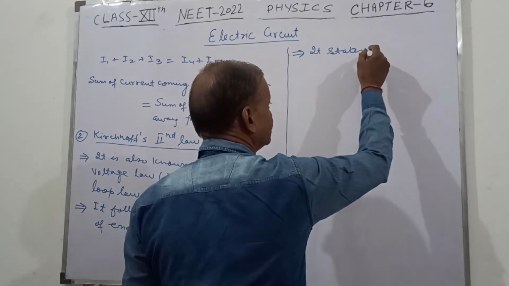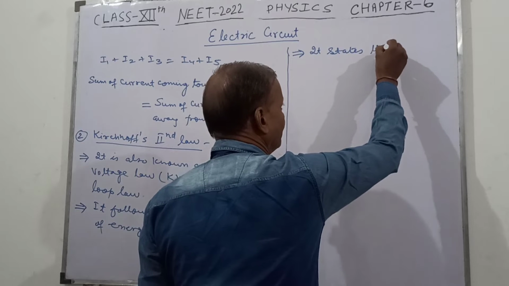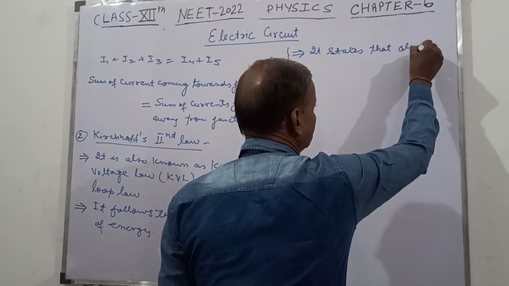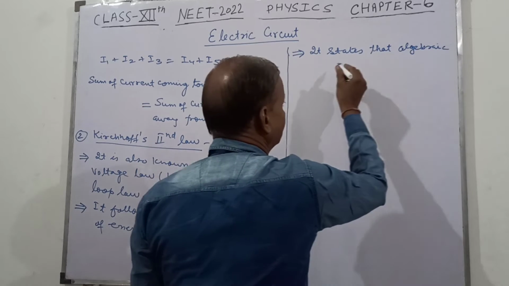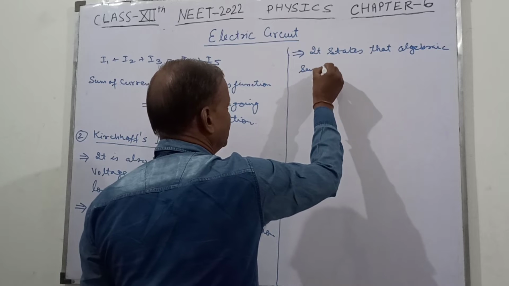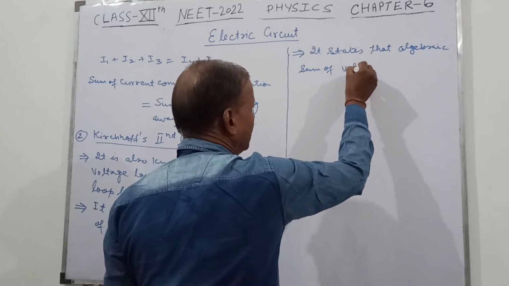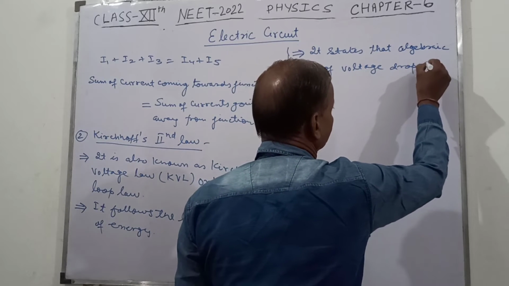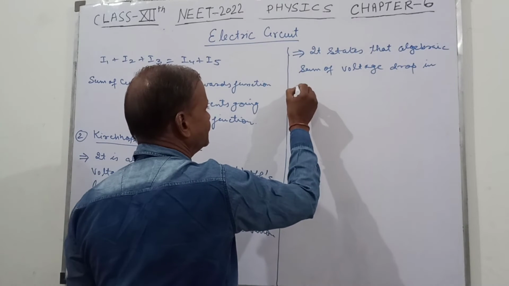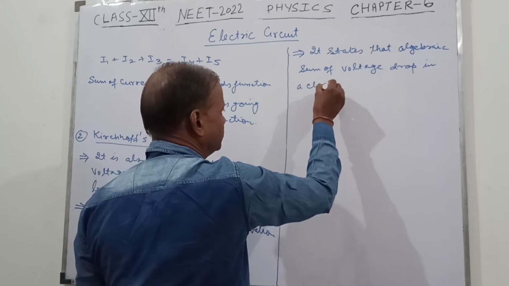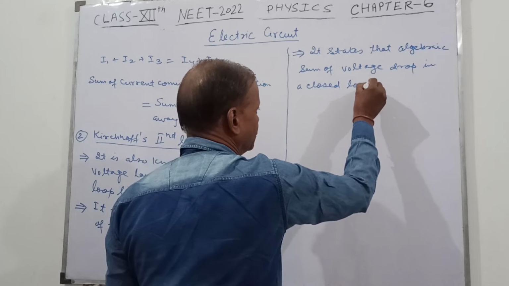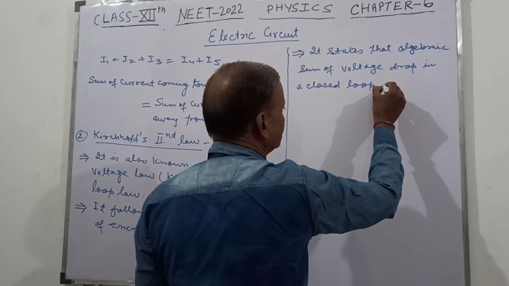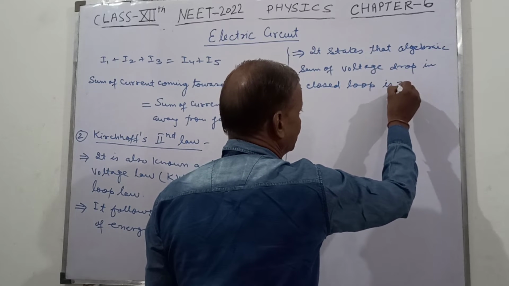It states that the algebraic sum of voltage drops in a closed loop is 0.